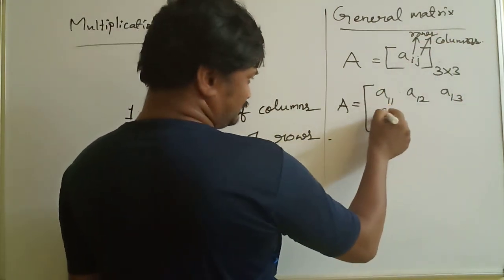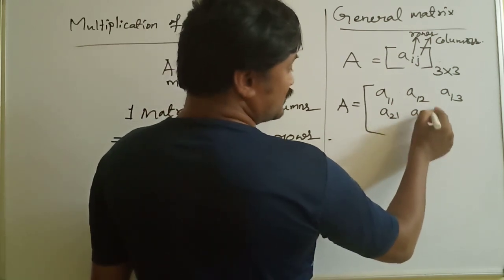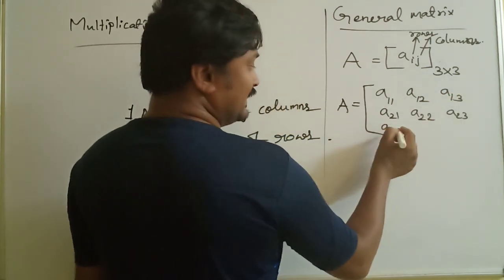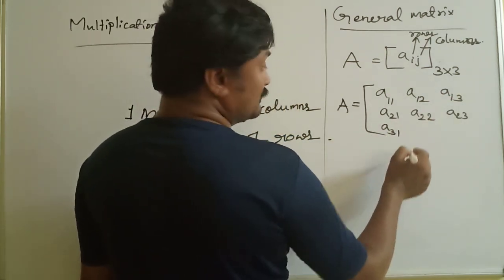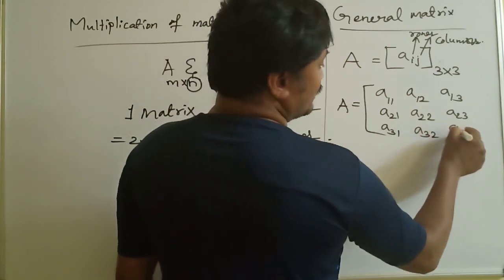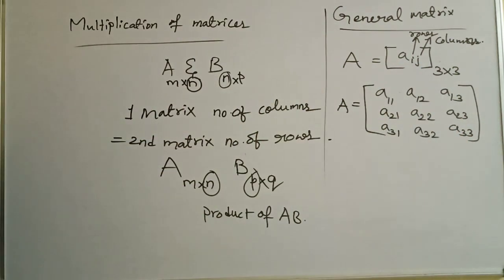Same method here, second row, first column, and then second row, second column, second row, third column. Same method, A, third row, first column, then third row, second column, third row, third column. In this way you will write the general matrix. So this is for 3 by 3.